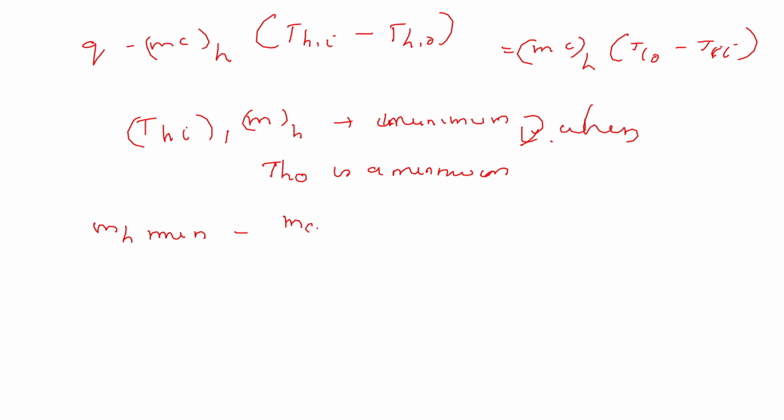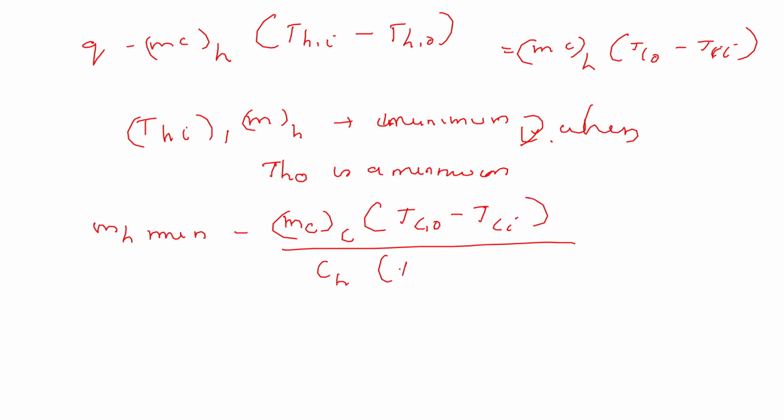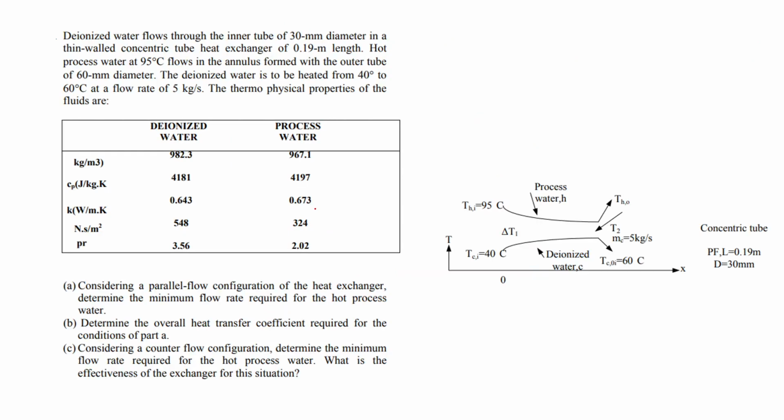For that, m_c c_p,c (T_c,o minus T_c,i) divided by c_p,h (T_h,i minus T_h,o), you have to substitute. Here everything is given: m_c is given, T_h,i is given, T_c,i is given.